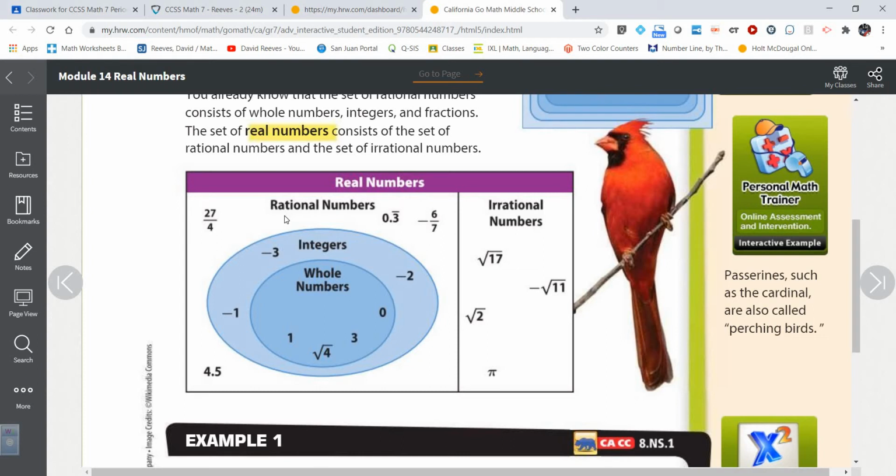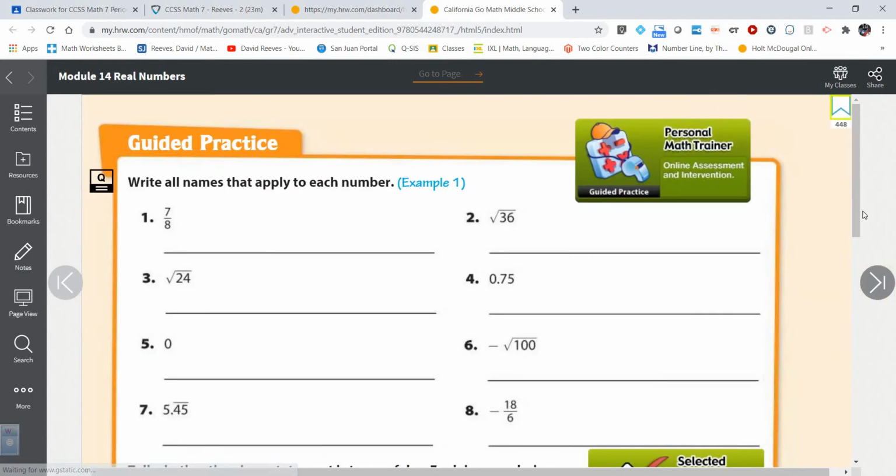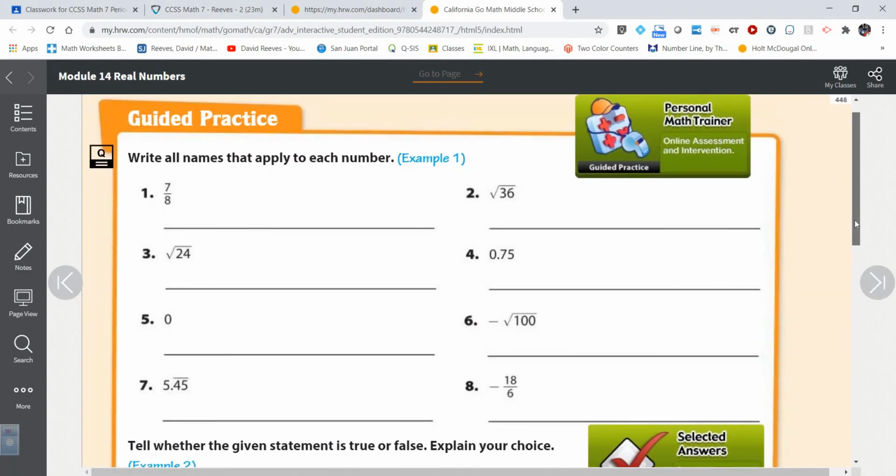Throw in fractions and any decimal representation of those fractions, and you have a rational number. And then there are some numbers that are irrational, which are not rational, and those are numbers that, when written as a decimal, are non-terminating and non-repeating.